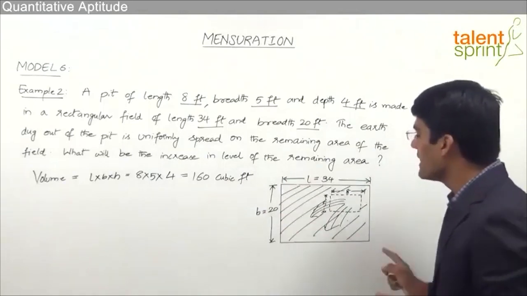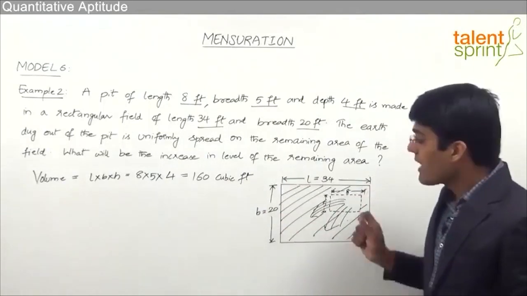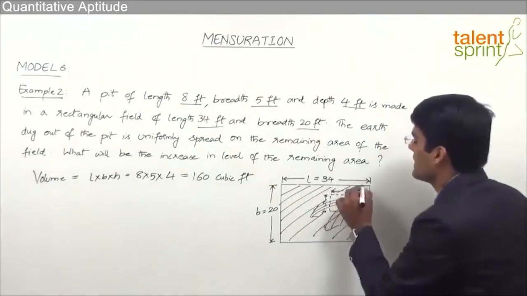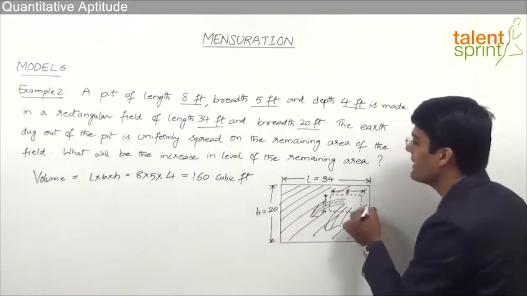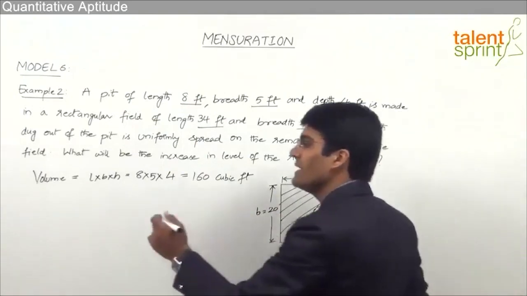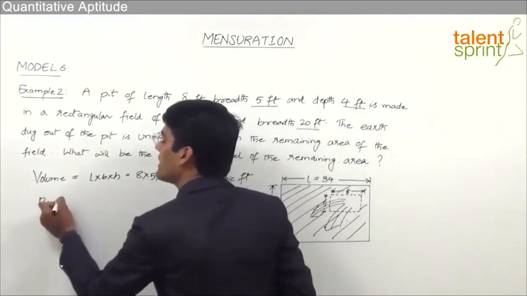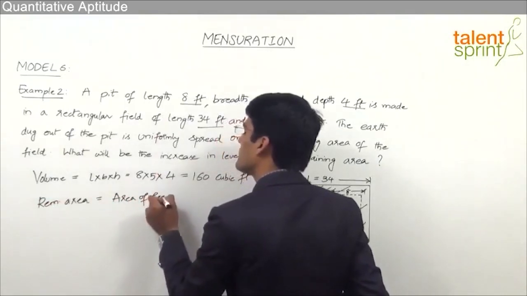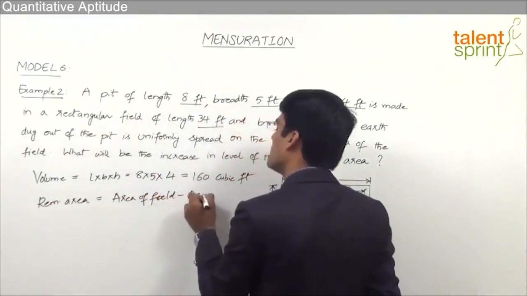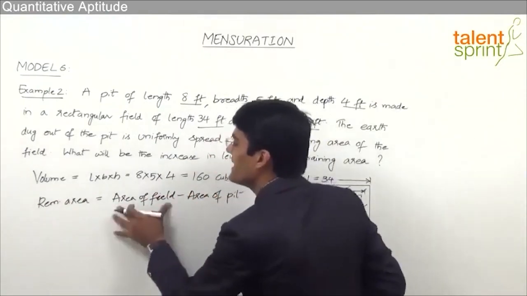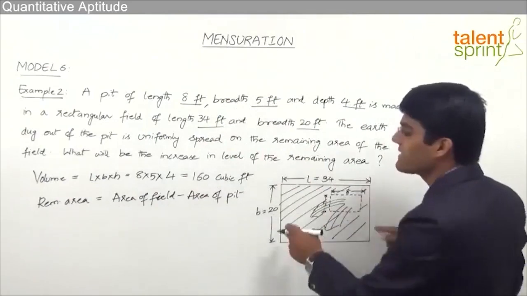And on the remaining area, it is spread uniformly. Let us now find out what is the remaining area. Remaining area, as you can see here, is nothing but this total rectangular field minus the area occupied by this pit. So remaining area can be taken as area of field minus area of the pit which has been dug out. Now the area of the field can be taken as length into breadth. Why? Because it is a rectangular field.